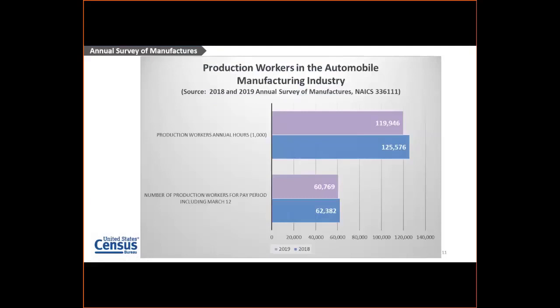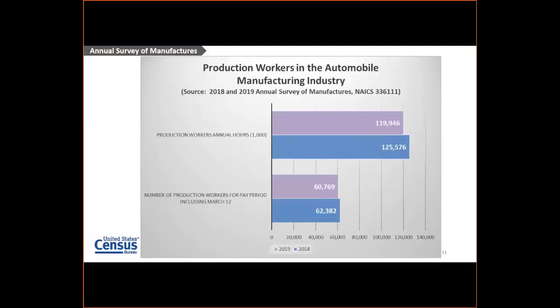Then, if you're looking for robotics data, the ASM has data on robotics and how it affects productivity and labor for manufacturing establishments. This data was released in 2018 as part of an experimental data product. And if you're interested in learning more about this aspect of the ASM, please visit the program's main page.